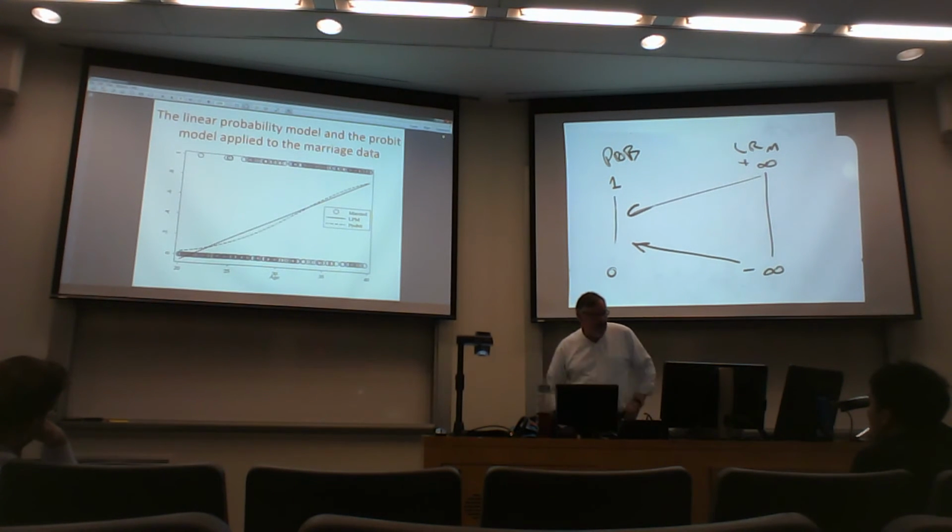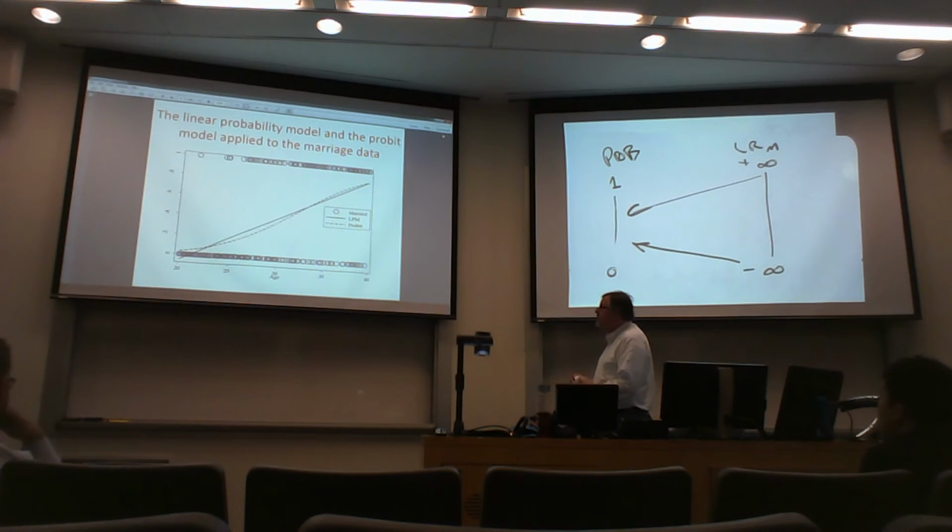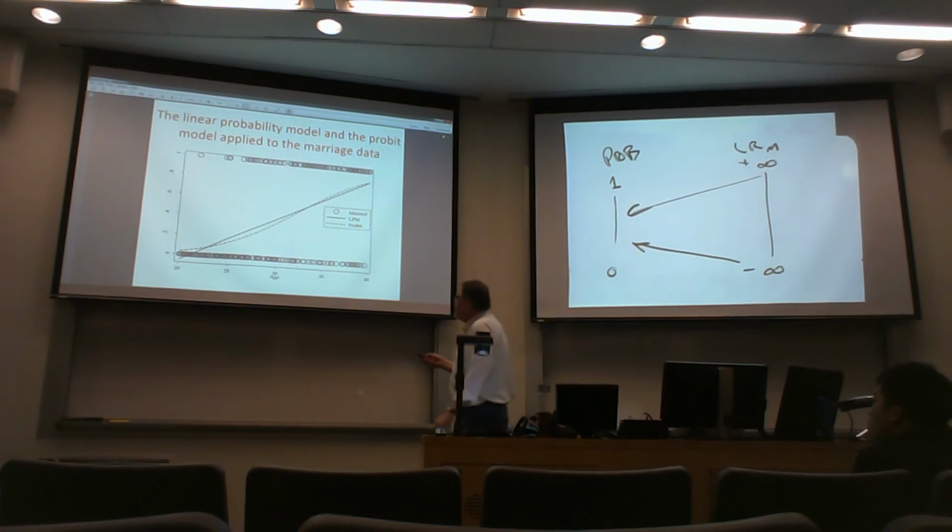Now, for the marriage data that we looked at before, this is an example of both types of regression superposed. Now, you can see that here in the middle, the slope of the probit regression and of the linear regression are not too dissimilar.